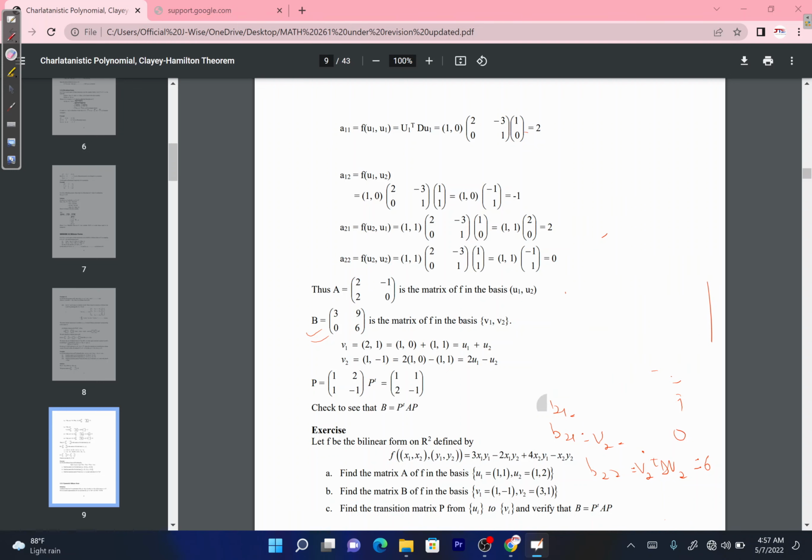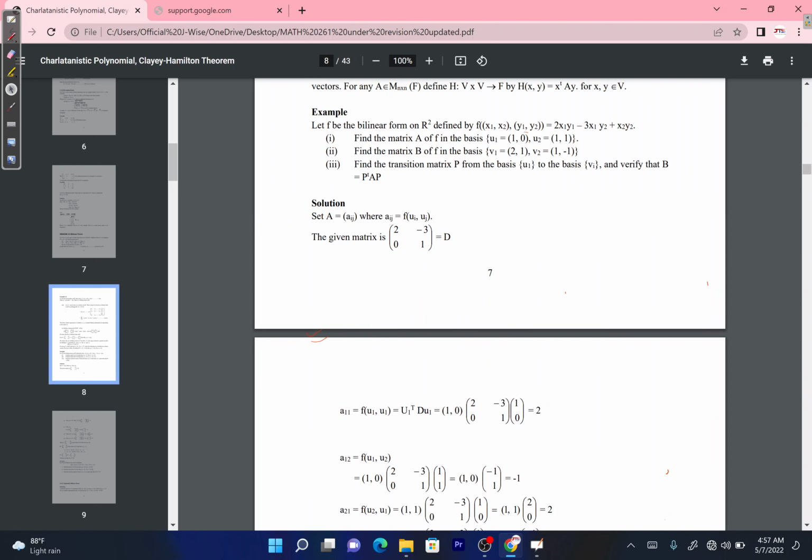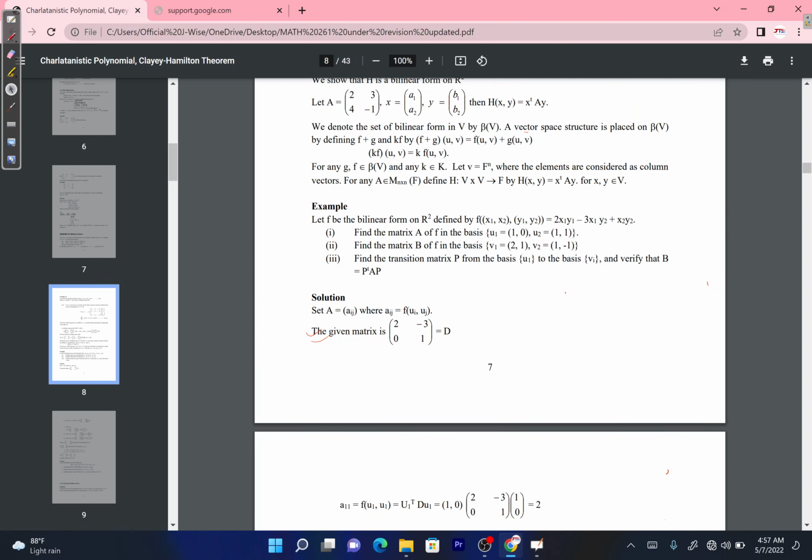Here is the question. Let's read the question. Now we are to find the transition matrix P from the basis ui to vi, and we are also to verify that B equals P transpose AP.